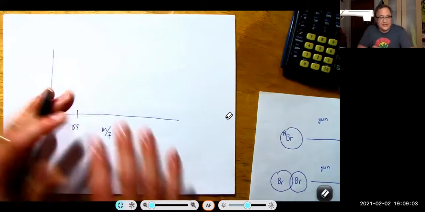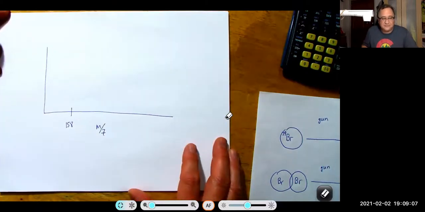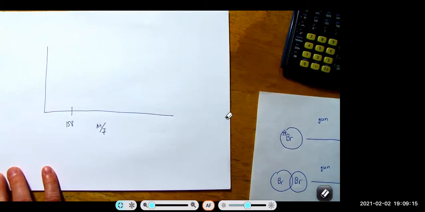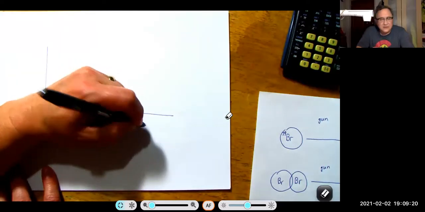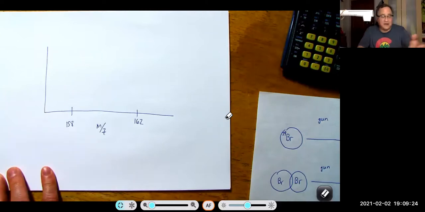What else are you going to see? So I want you to think about that. Anyone else have any ideas about what else we might see? 162. Why is that? 81 doubled is 162. An 81 and an 81.